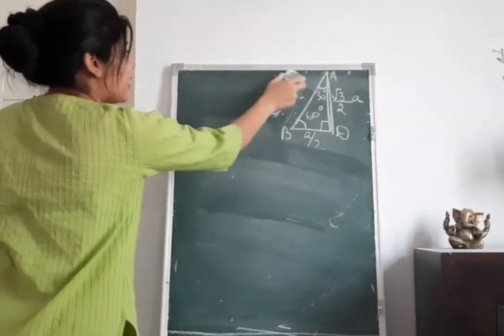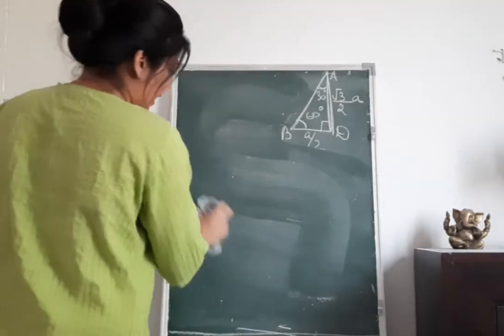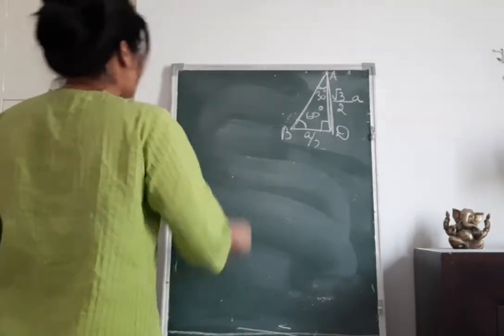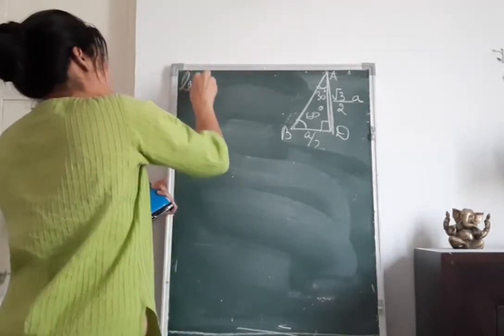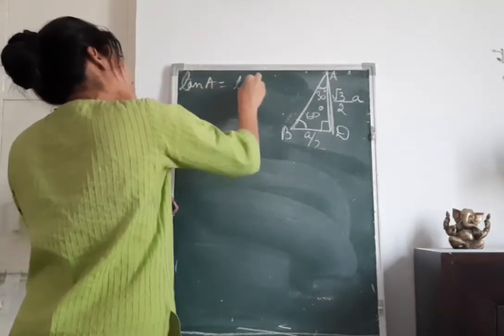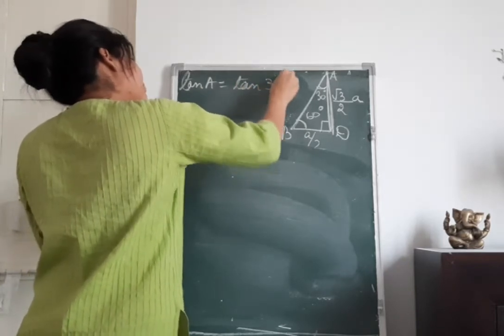Now let's find the value of tan 30 and tan 60 degree. Okay. Tan of angle A is equal to tan of 30 degree.